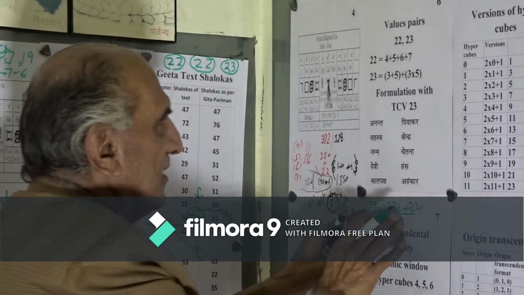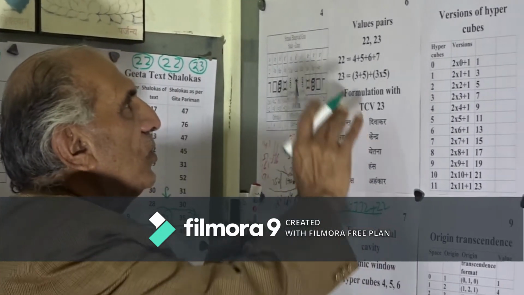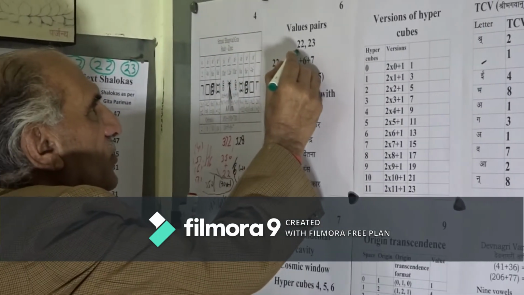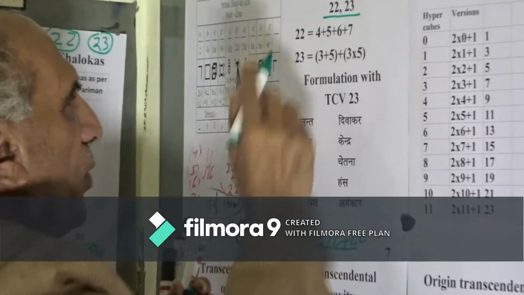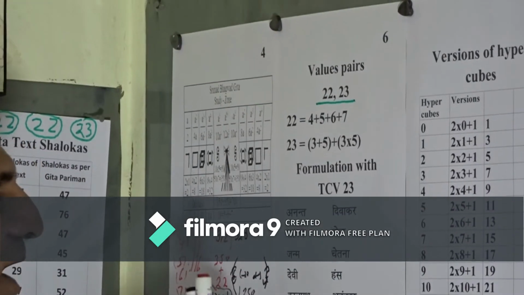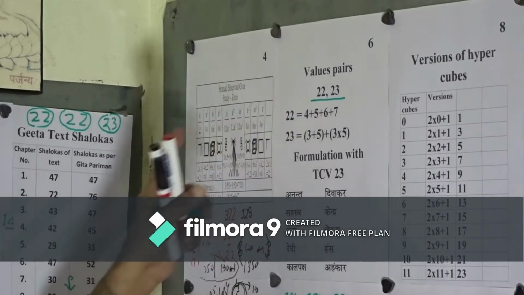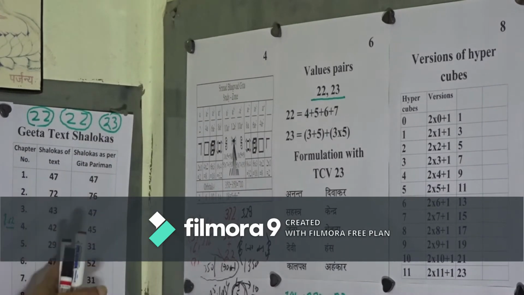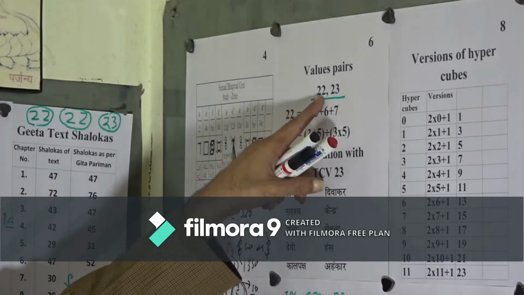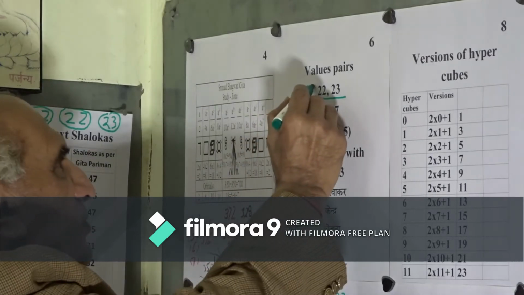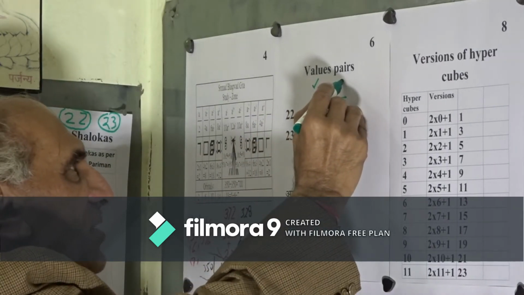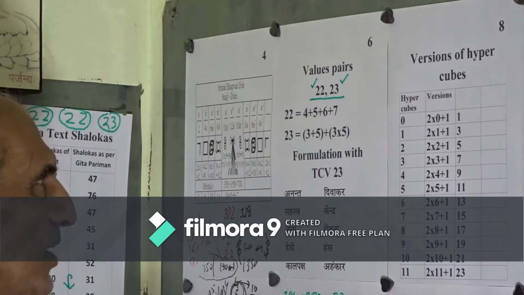Now it is here where we have to proceed further to appreciate as to why and how and of what implications is this organization of the Gita Parinam Shloka, which for the first half is yielding value 22 and for the second half is yielding value 23.